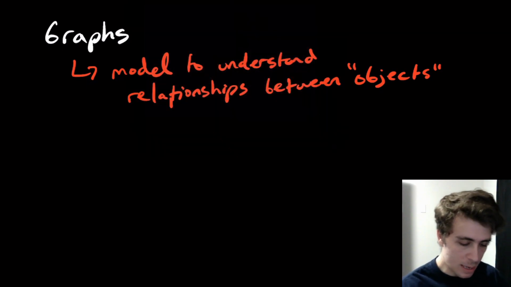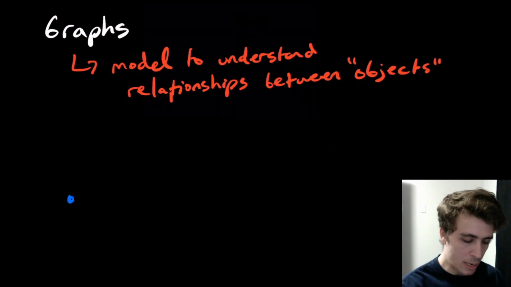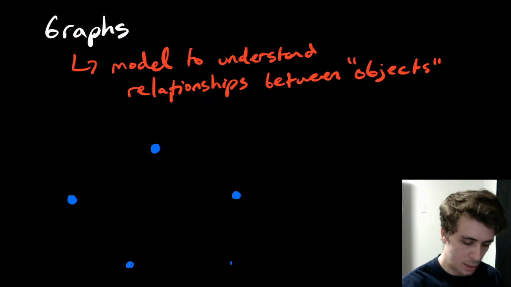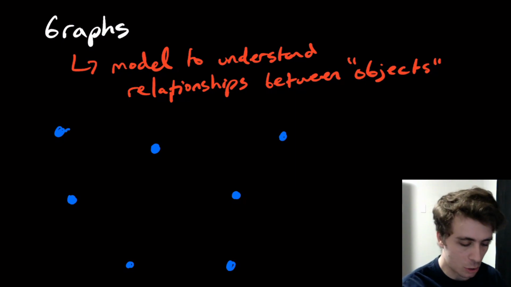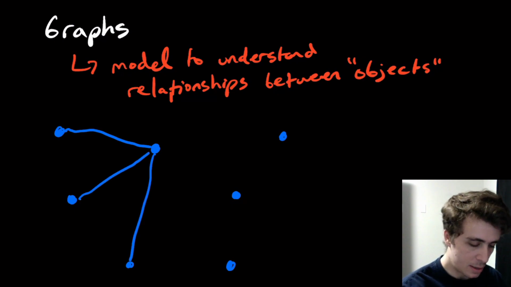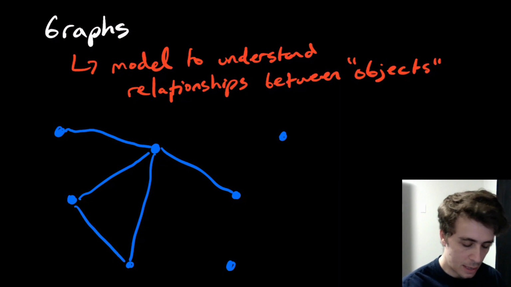So the way that we visualize this is we have a bunch of points right here. I'm just going to draw a random set of points, and I'm going to draw a line between pairs of points. I'm not going to put every single line in here, so I'm going to put that one in, this one in, that one, maybe this one, this one. I could leave a vertex completely out, like the one on the bottom there.